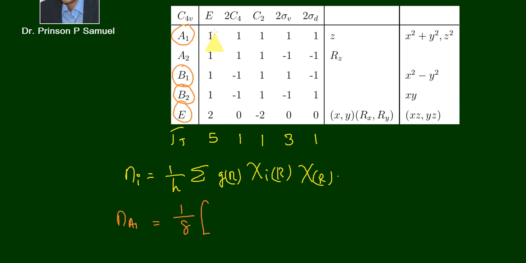First of all, let us take the first one. All the characters here are 1. Okay, so it is very easy to calculate this one.